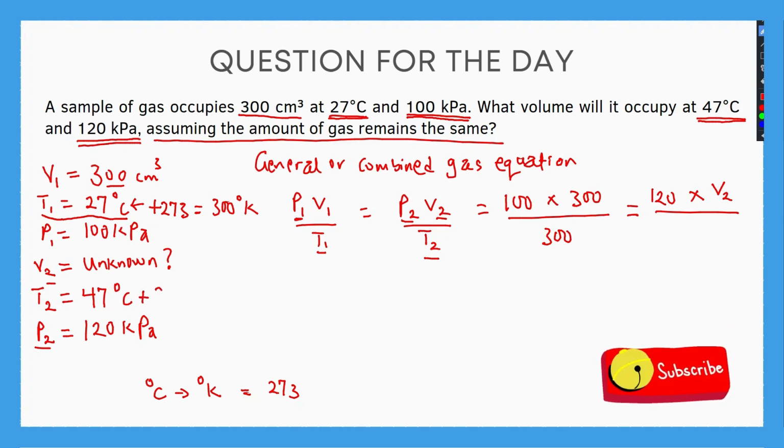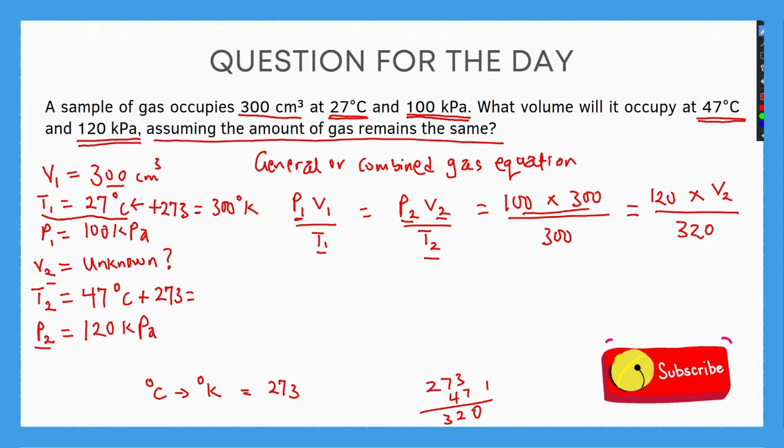To convert that to Kelvin, we say plus 273. 47 plus 273. Let's do that real quickly. 7 plus 3 is 10, so 0 carry 1. 4 plus 7 gives us 11 plus 1, that's 12, so 2 carry 1. This is 320 degrees Kelvin.